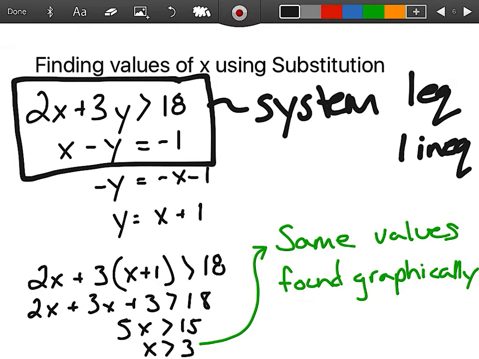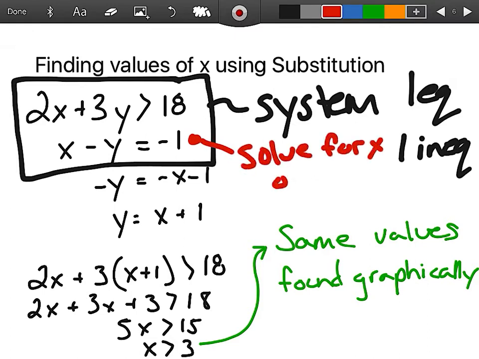And so what I'm going to do is take the equation, this equation right here, and solve for either x or y. It depends on your problem, but you can do either. In this case, I want to solve for y.